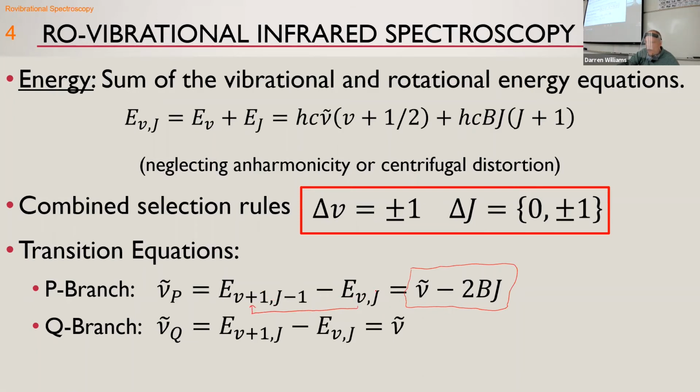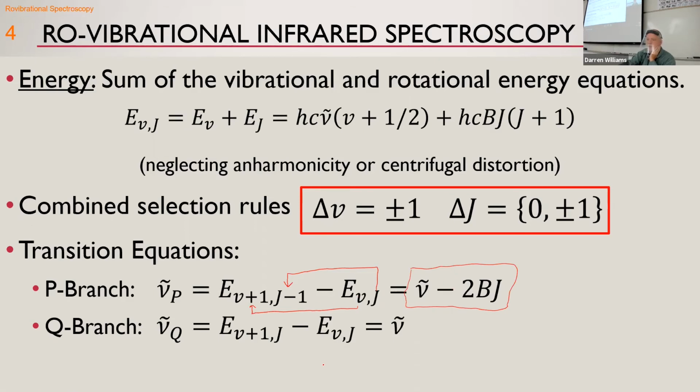But for the P branch, I'm going from J down to J minus 1. So for this equation up here, wherever there's a J, I put a J minus 1, and I put a plus 1 in for V. Then I subtract this whole energy equation with J and V. That's how I would algebraically get to this equation down here.